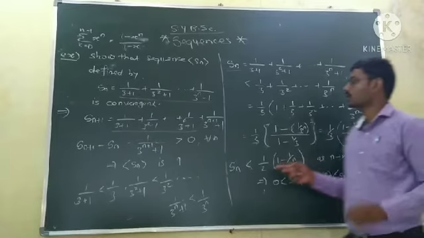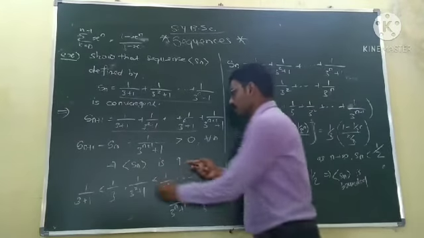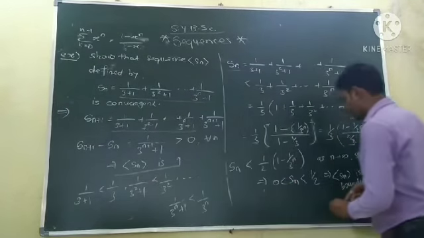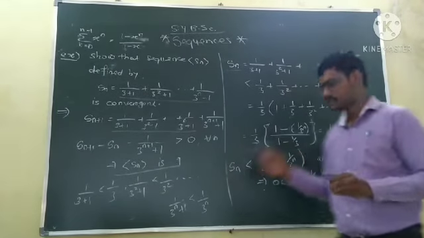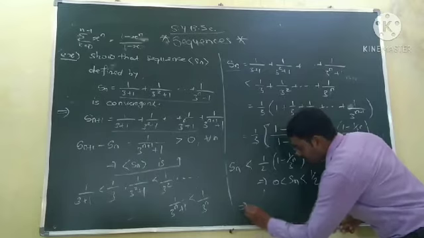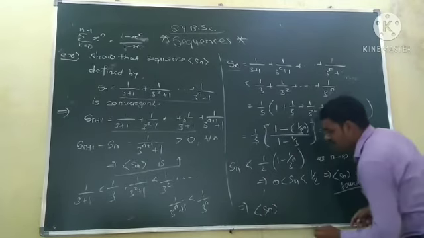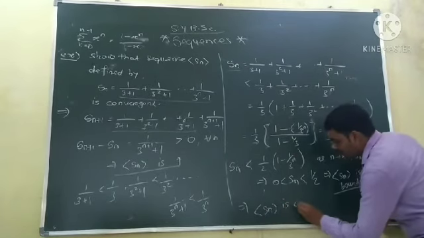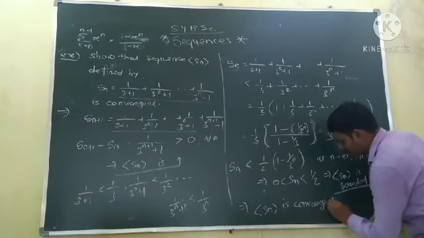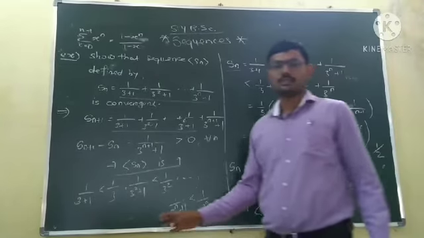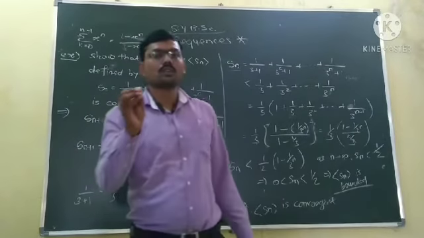So we have proved first the sequence is monotonic increasing, and now we have proved the sequence is bounded. So by monotone convergence theorem, this sequence is convergent. This implies sequence Sn given in the example is convergent. So this is the use of monotone convergence theorem.